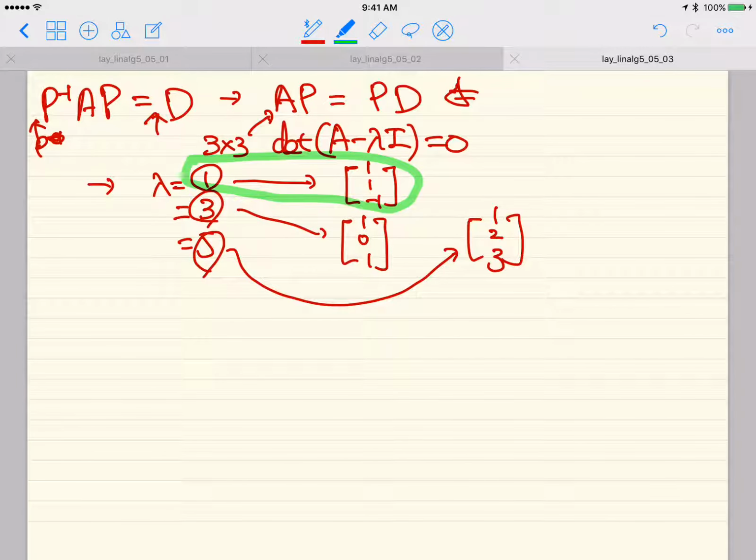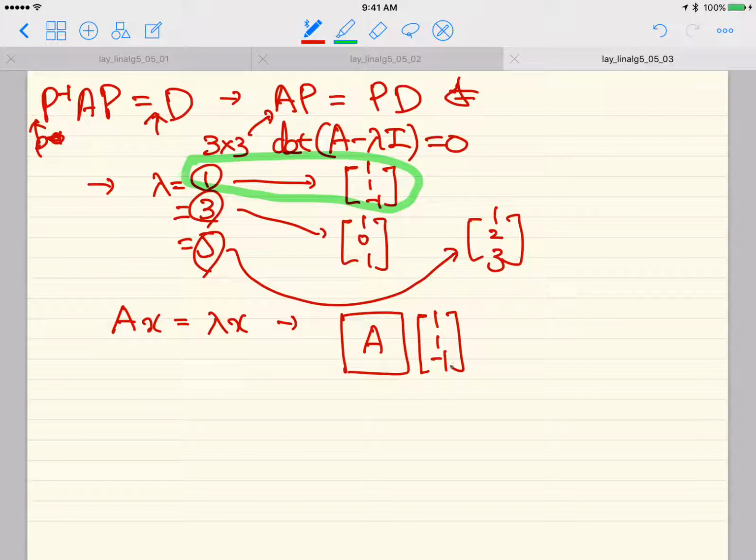Okay, and now for this first pair, I can write it in this form: A x equals lambda x. So each pair should satisfy this, and we have a matrix A here, and this vector x, (1, 1, -1), and what is the lambda? It is 1.